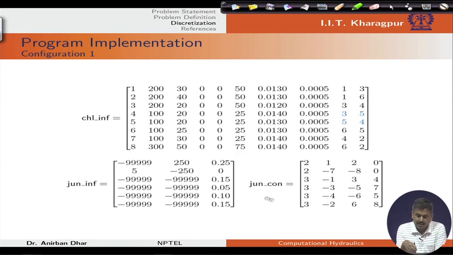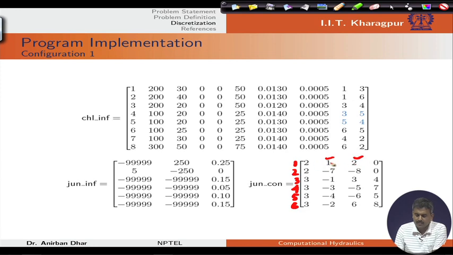Now, junction connectivity is another important parameter. It starts from junction 1, 2, 3, 4, 5, 6. For the 6 junctions, we have this condition. For junction 1, we have 2 channel reaches connected to it, channel reach 1 and 2.